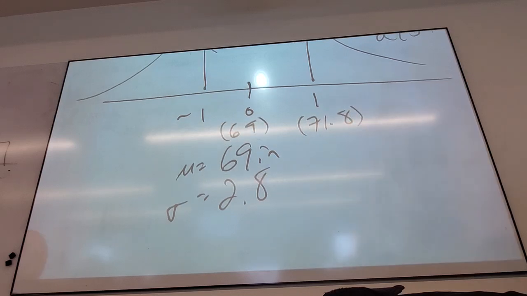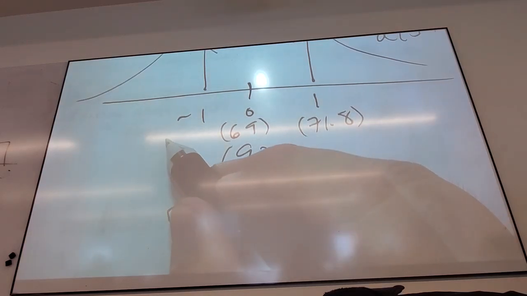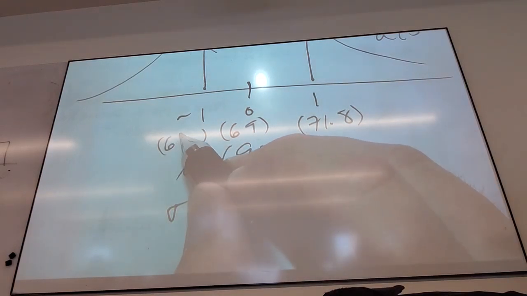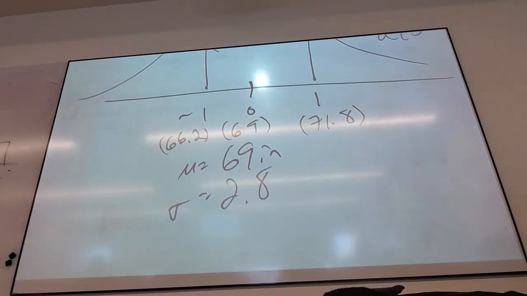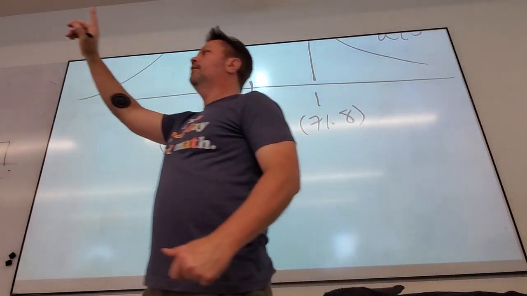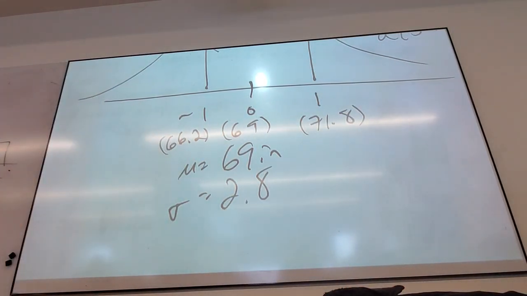I love it. Is that cool? Every step is 2.8, yes? What's 1 step down from 69? 66.2. So I can say with complete confidence that 68% of American men are between 66.2 inches tall and 71.8 inches.